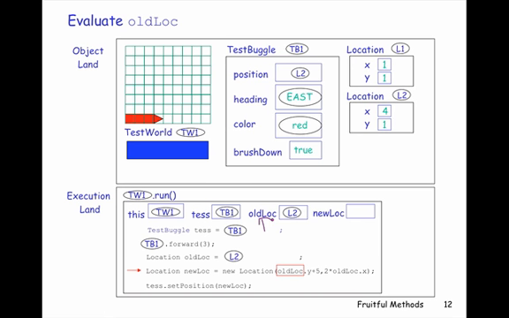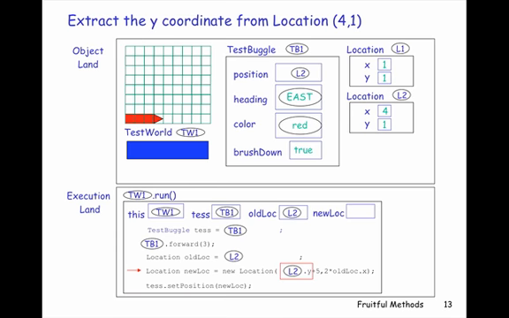So the value of oldLoc is simply L2. Now, L2.y, what does that mean? That means to extract the instance variable y from the location L2. What is that? Well, we look up L2 in object land, and the instance variable y has the value 1. Therefore, L2.y is 1, and we can replace it by 1.